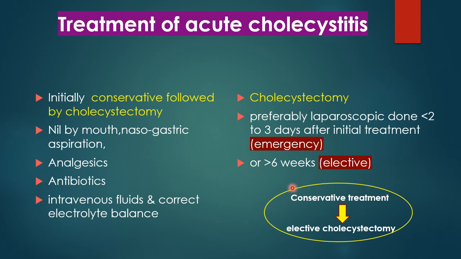So the conservative treatment first, followed by elective operation. If the conservative treatment is not successful, and the patient does not seem to be improving, then try to do the surgery within the first 2 to 3 days.